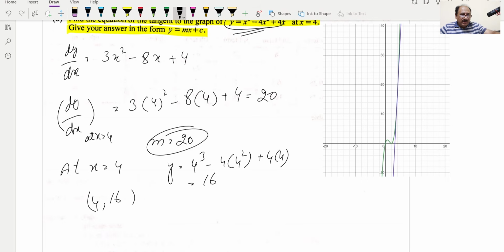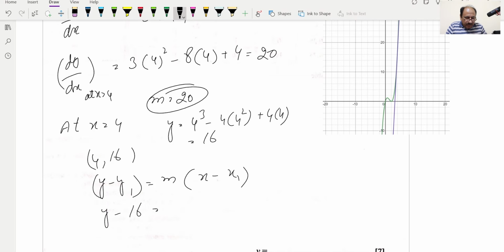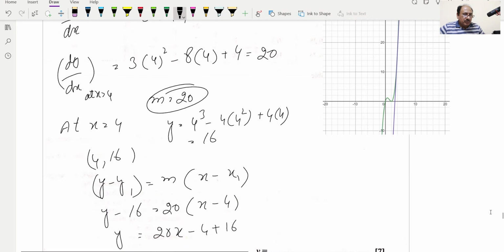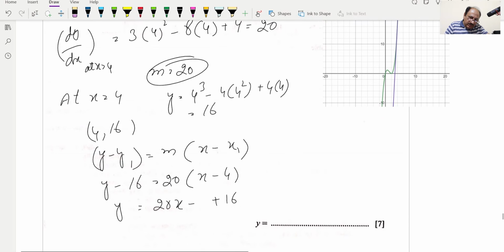So we can write down the equation of the tangent. So y minus y1 is equal to m into (x minus x1), and this will be what? y minus 16 will be equal to, not 4, this should be 20 because the gradient is 20, into (x minus 4). So y is equal to 20x minus 80 plus 16. 20 times 4 will be 80.